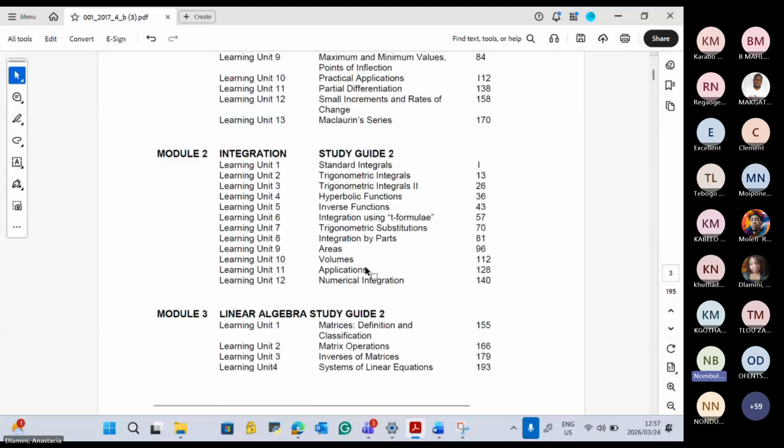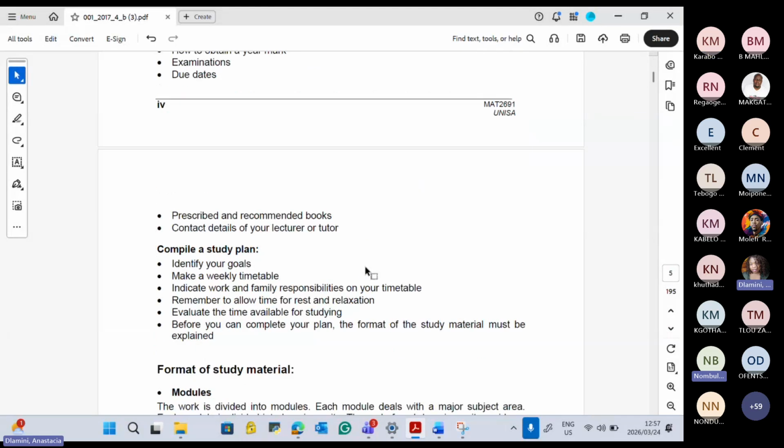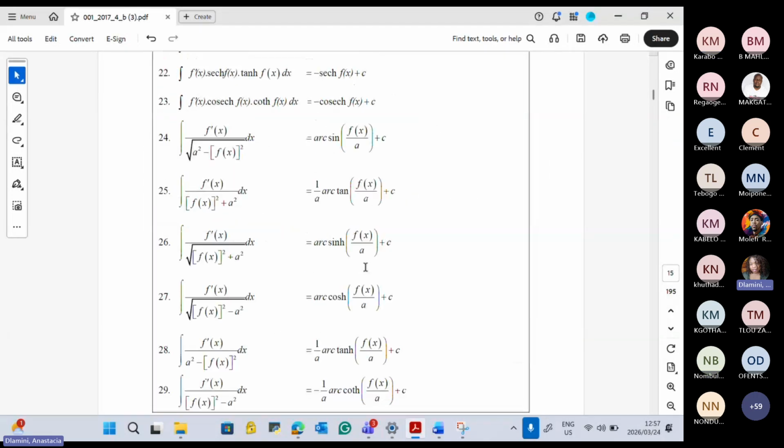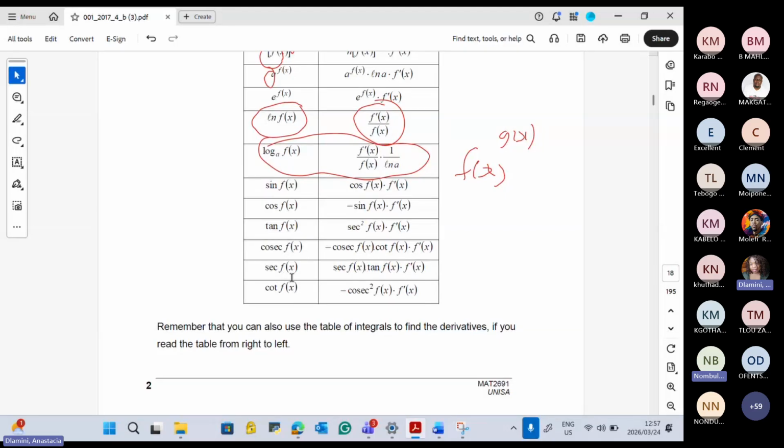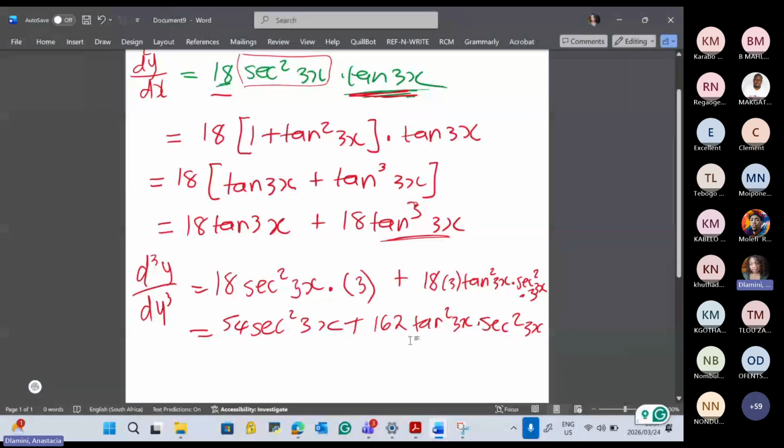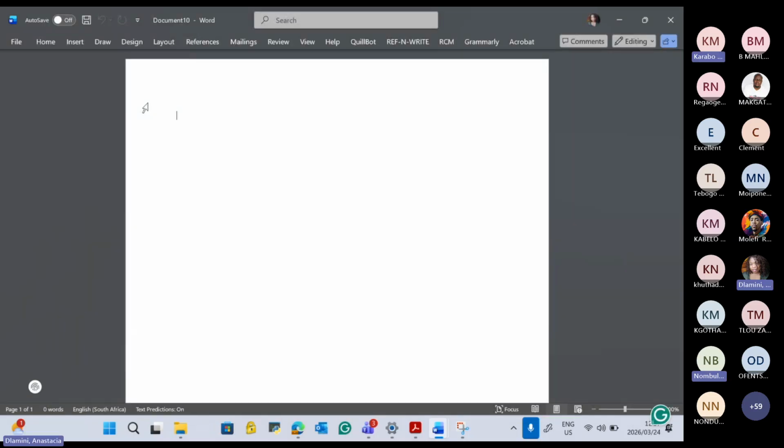Page 18. Where is it? Our standard table on page 2. It says when you differentiate sec x, you get sec x times tan x times the derivative of sec x. So meaning that I had d squared y over dx squared equals 18 sec squared 3x tan 3x.